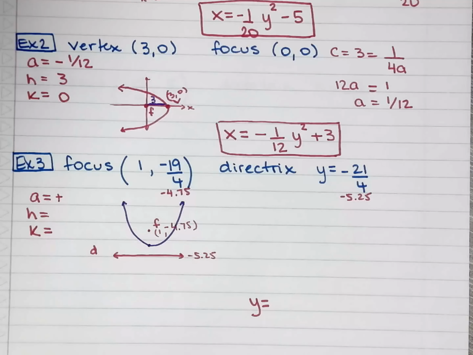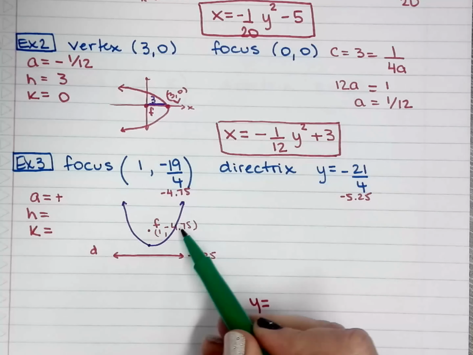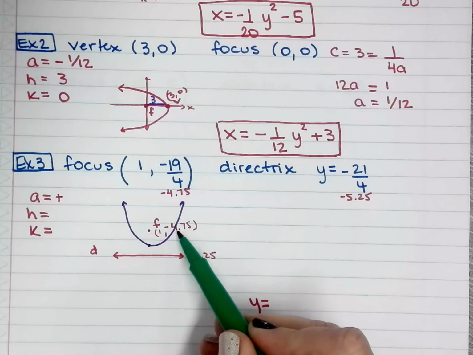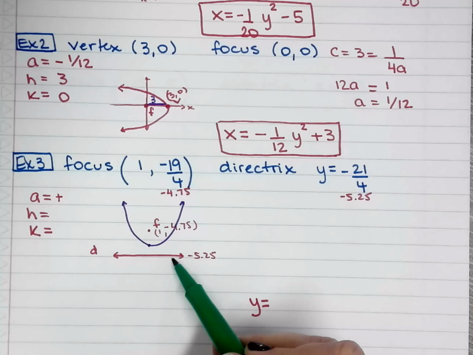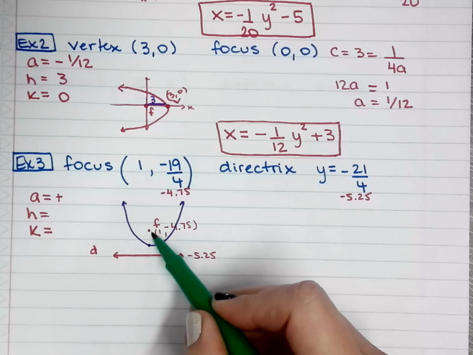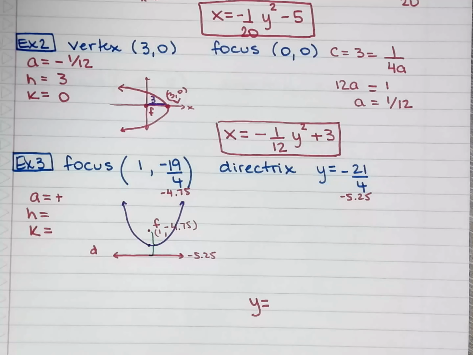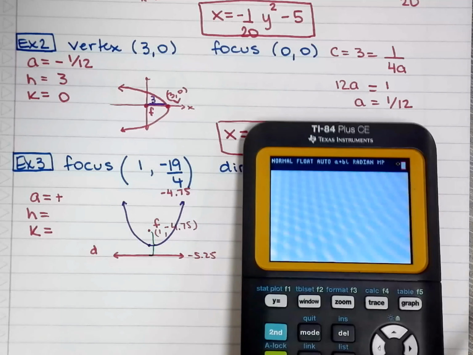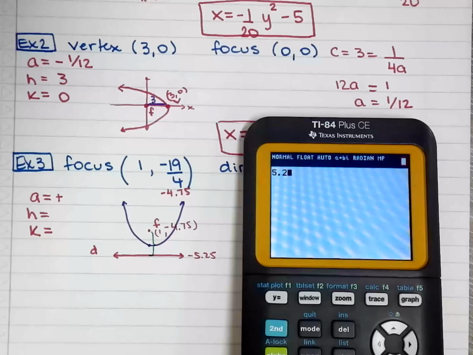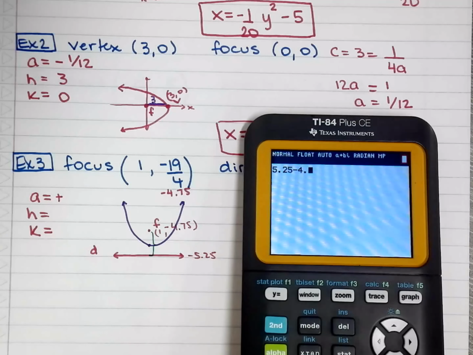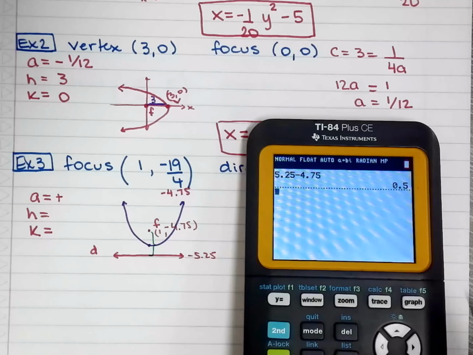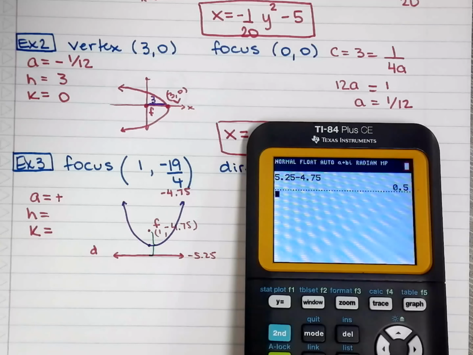If I know the whole distance from negative 4.75 to negative 5.25, how far are they apart? Well, I don't know. So 5.25 to 4.75 is 0.5 apart.